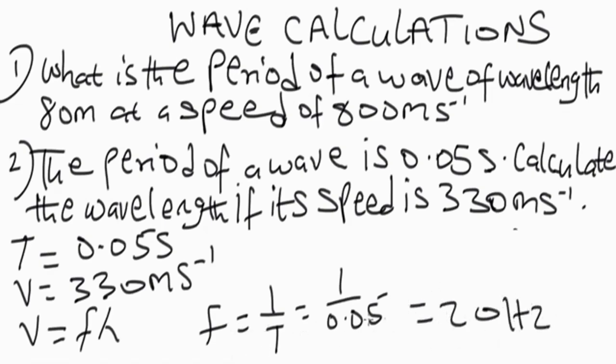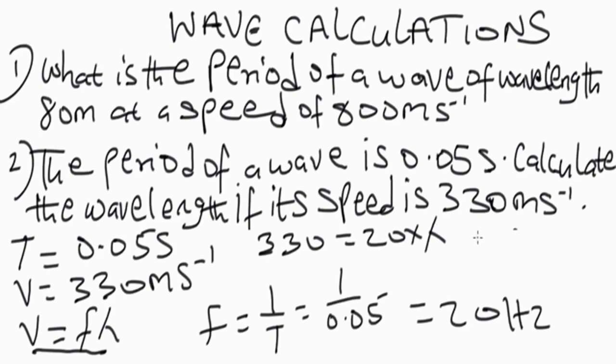So let's substitute these values now in this relationship, and you get the wavelength. The velocity is 330 equals 20 times the wavelength.